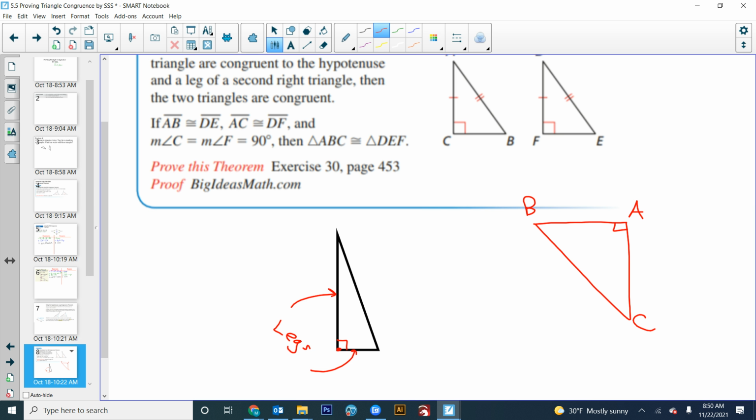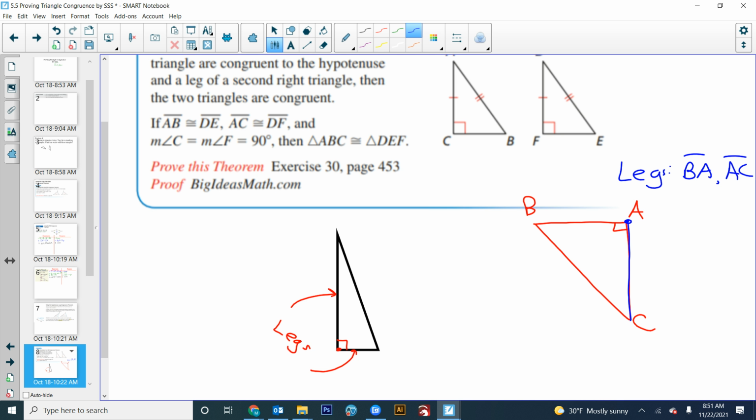In this triangle here, who can raise their hand and name a leg? One of the legs. Let's go with Christian. You said BA? Yeah. Thank you. And Ryan? AC. Doesn't matter how the triangle's turned, the legs meet at the right angle.